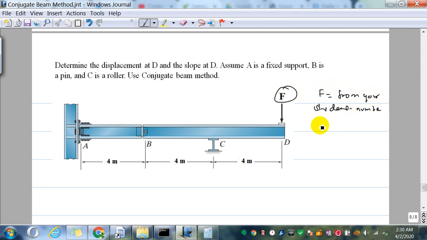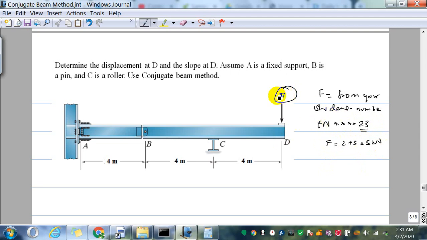You have a student number, something like EN and some number, and the last digits, say 2 3. If your last two digits are 23, your F is 2 plus 3, 5 kilonewton. Suppose your last digits are 6 and 3, then it is 6 plus 3, 9 kilonewton.